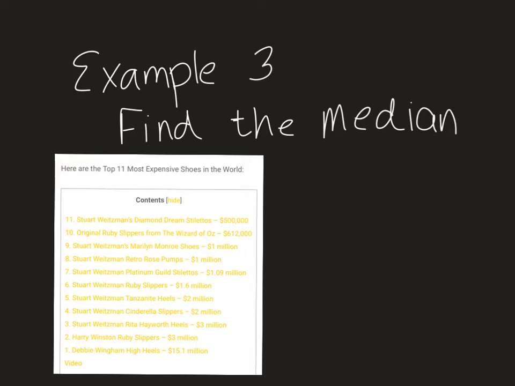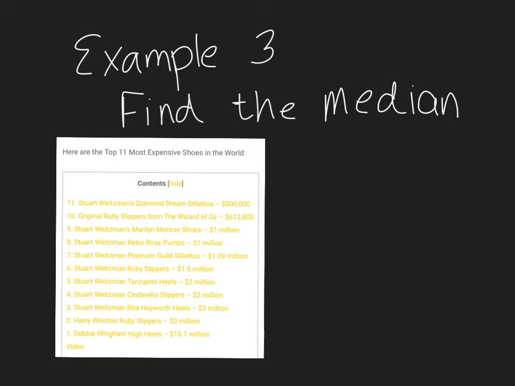Okay, now I'd like you to try one last example, where I've got the 11 most expensive pairs of shoes. Pause the video for a minute, try to find the median. I'll be right back with you. So I'm going to assume that you have already located the median or attempted to locate the median.